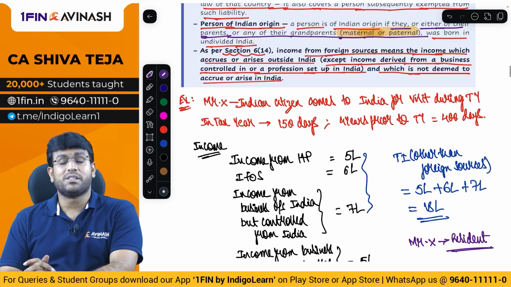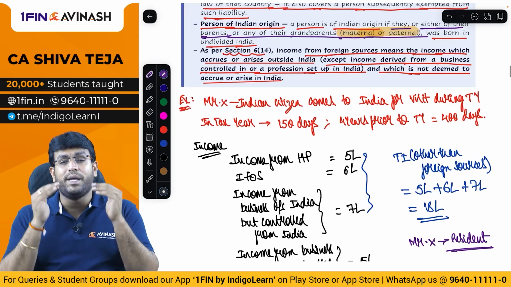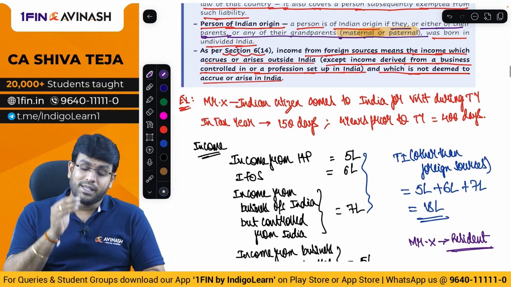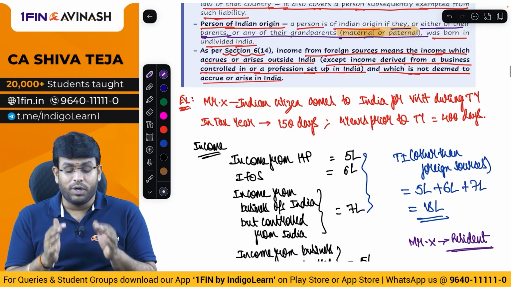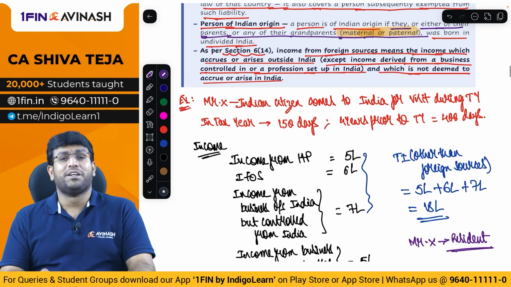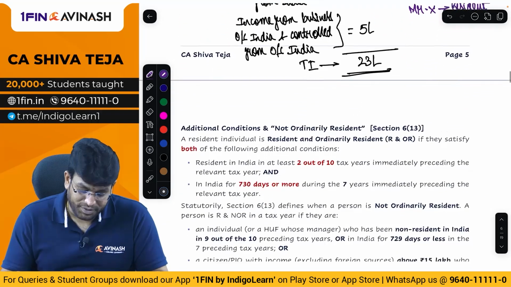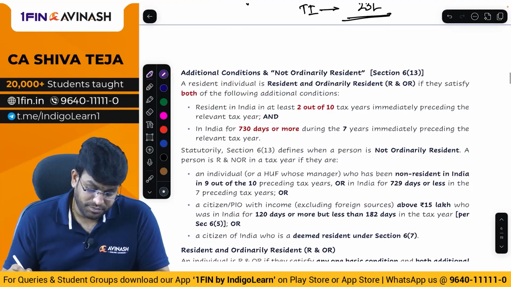And when I say foreign sources, it means income which accrues outside India and which is not deemed to arise in India, except income from a business controlled in or profession set up in India. Very, very interesting concept. And I'm pretty confident and sure after this we got some good clarity.